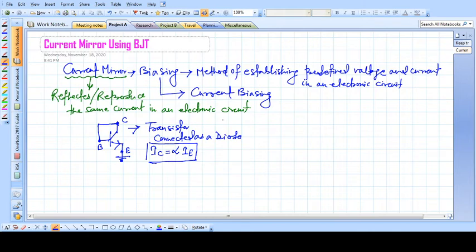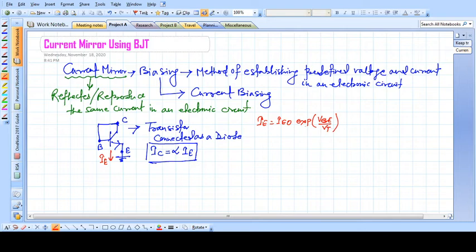In this case, the emitter current IE is written as the emitter saturation current IE naught times exp of VBE by VT.